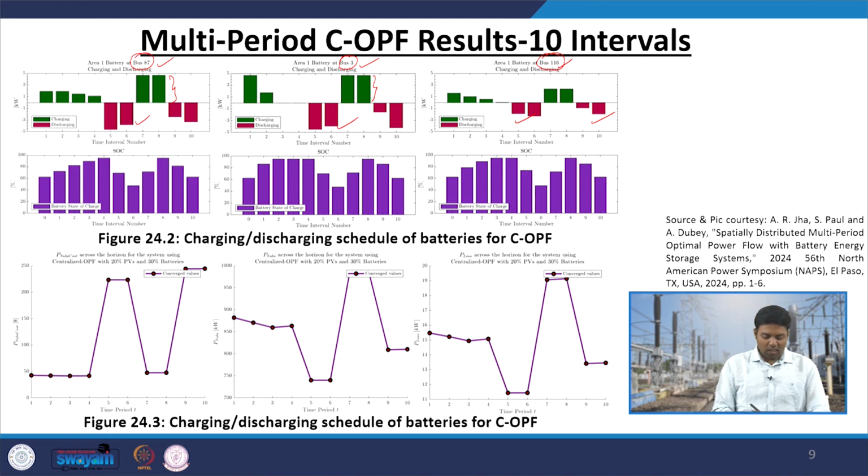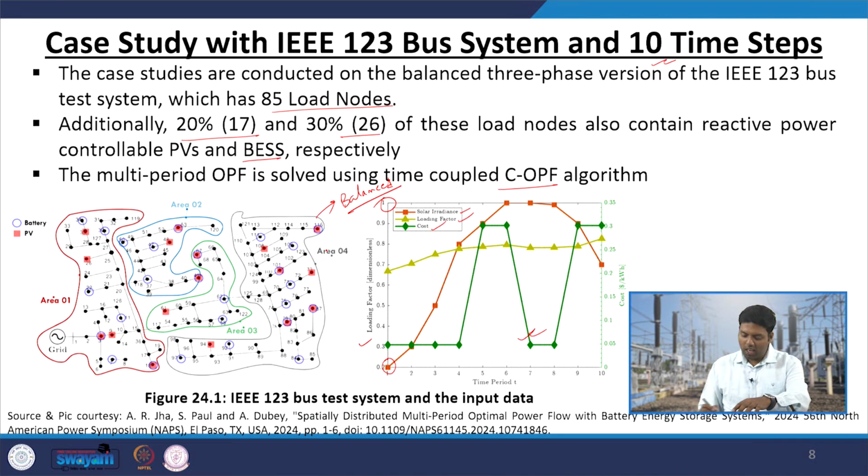Okay. And due to that, if you see the substation power, what you wanted is that when the cost is low you purchase more, and then you have higher cost. From 4 to 7 you have higher cost, then 7 to 8 you have lower cost, and then again 8 to 10 you have higher cost.